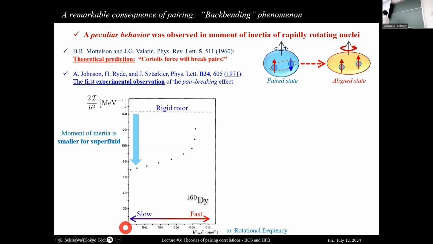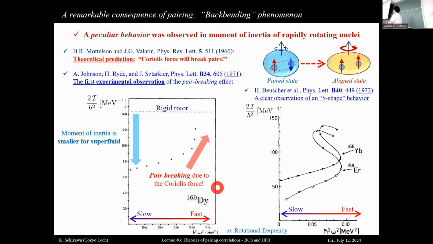But as the rotation frequency increases, the moment of inertia increases and approaches the rigid rotor value. This indicates that the Cooper pairs are broken by this rotation through the Coriolis force. So the prediction was confirmed here.